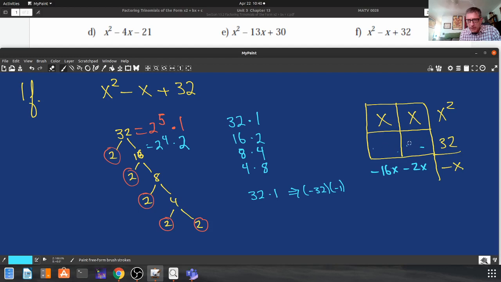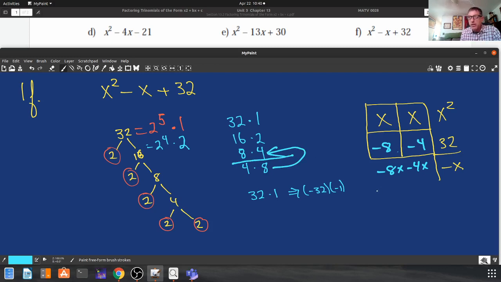So let's erase that one. Now let's try minus 8 and minus 4. Well, that's going to give me minus 8x minus 4x, and that's minus 12x. And now when I get down to minus 4 times minus 8, this is the same as the previous one, since the signs are the same.